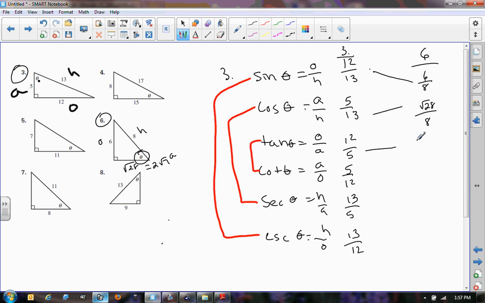OA, opposite, adjacent, square root of 28. Leave them alone again. Don't change it, leave it alone. You got it right, don't make it wrong. AO, root 28 over 6. Again, leave it alone. Don't change it. HA, hypotenuse, 8, adjacent, square root of 28. Flip the sign.